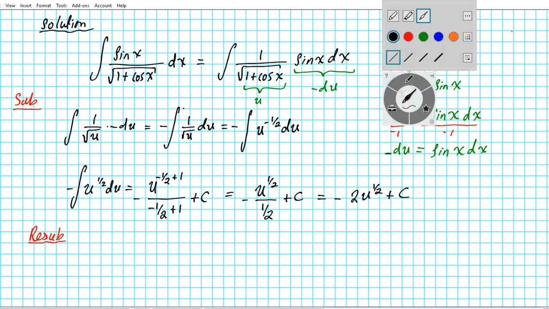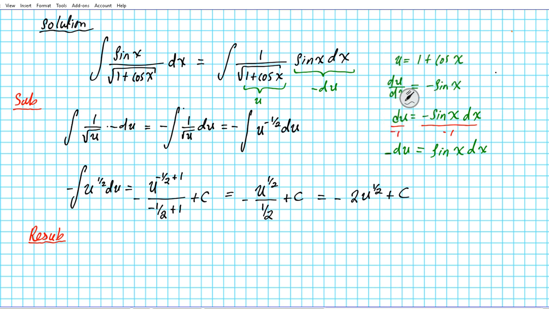Our initial substitution was, we said let u be 1 plus cosine x. We have now integrated nicely. Now we're going to resubstitute what u is, which is 1 plus cosine x, back into the antiderivative. So negative 2 u to the 1/2 plus c becomes negative 2 times 1 plus cosine x raised to the 1/2 plus c.